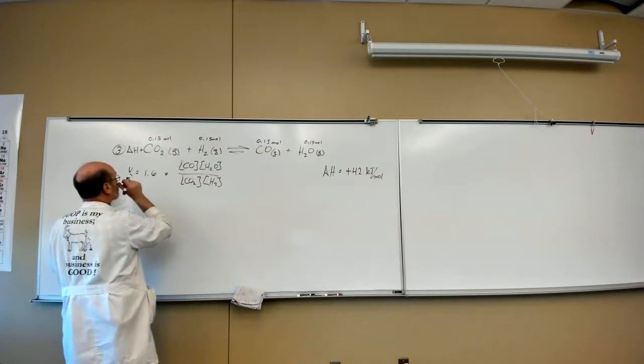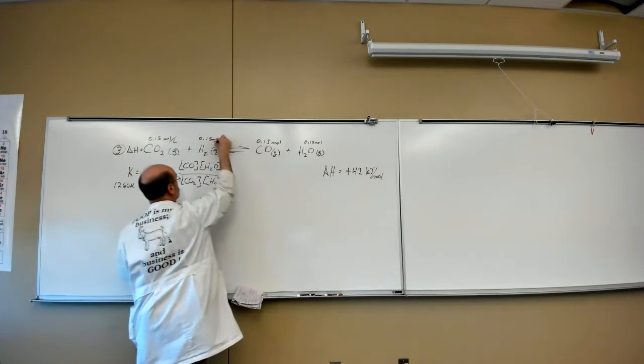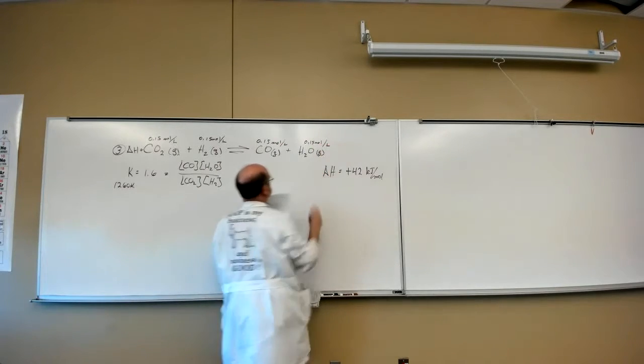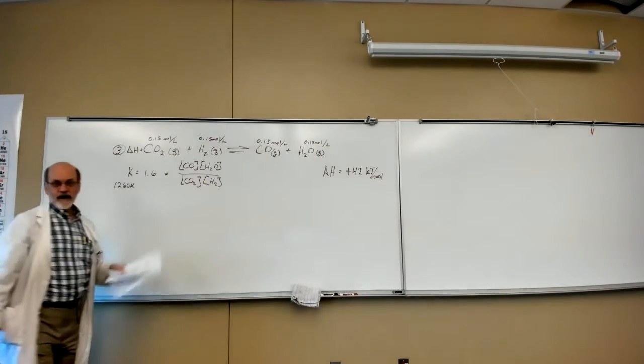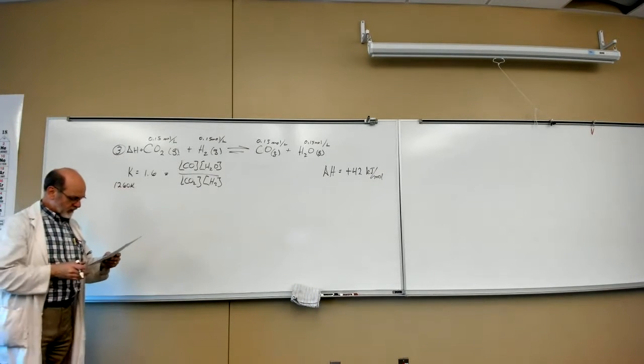And these are all in 1 liter. These are starting conditions. So that's per liter, which means what? Yes. That means it's 0.15 molar for each one. That's your starting condition.